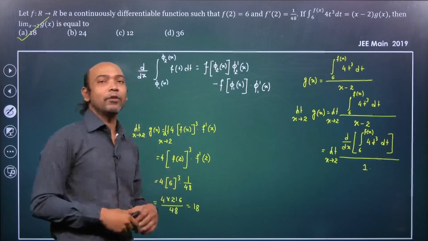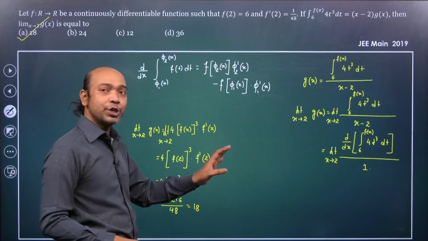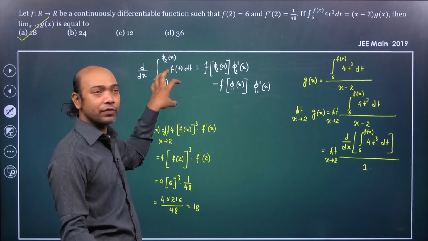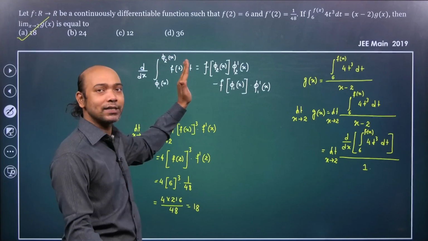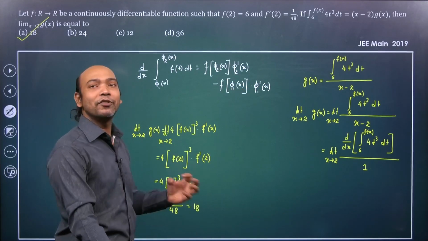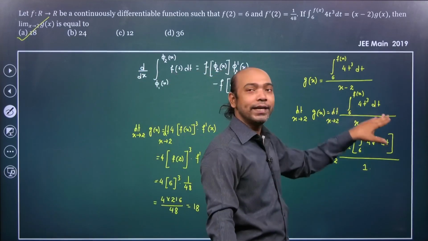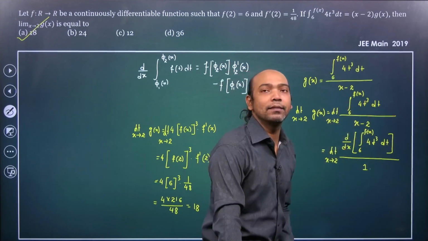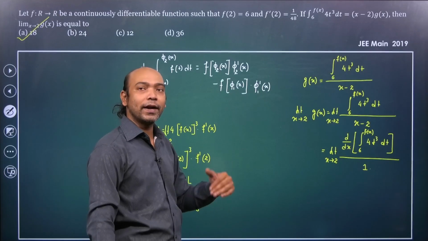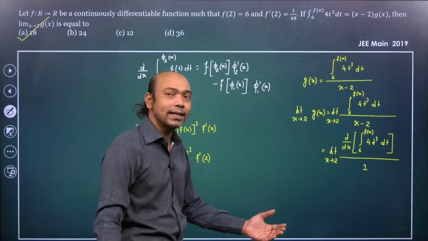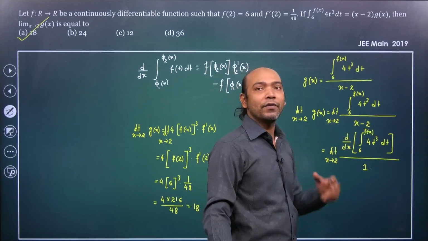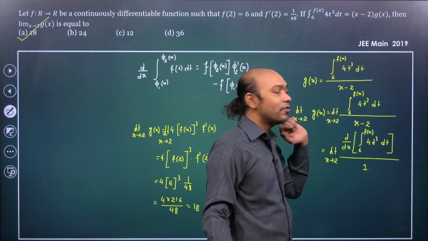Whenever you have to apply differentiation under the integral sign, that means we have a definite integral and we need to apply d/dx, in that case we apply this formula, and our job becomes simple. You can also try it directly: 4t cube integrates to t to the power 4.